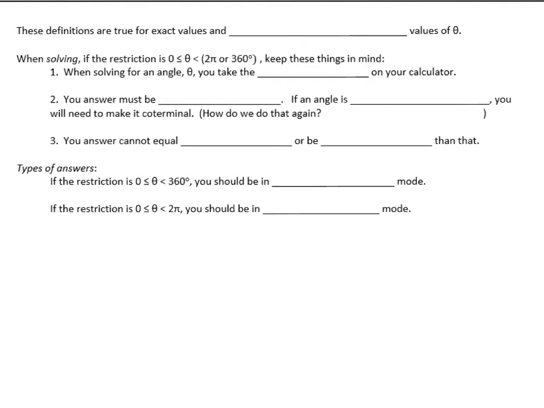The definitions that you just got are true for exact values and approximate. That'll come up with the calculator quite a bit, okay? This might be something we'll have to talk about more.